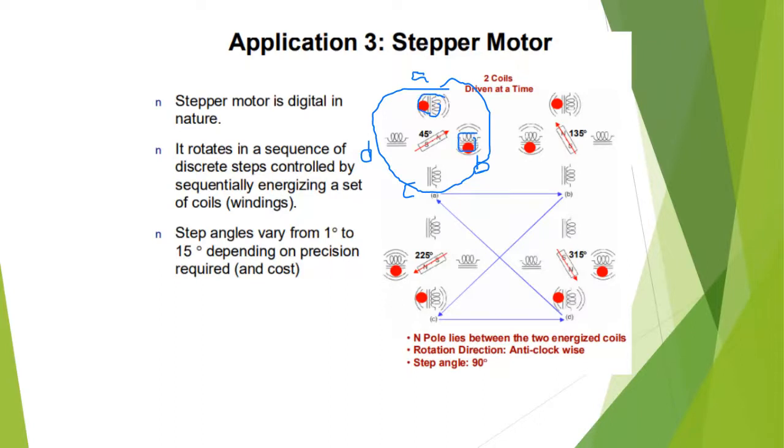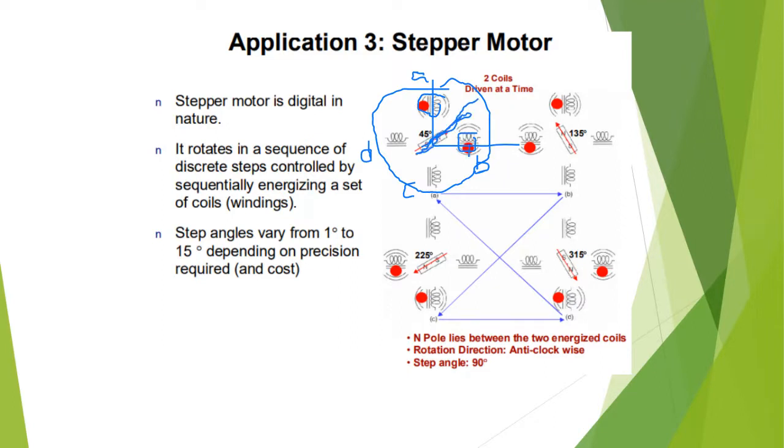If both are active, they are producing an electromagnet. The rotor is a magnetic material, so it is attracted by coil A and coil B. A and B are 90 degree apart, so the rotor will remain in the middle, at 45 degree.